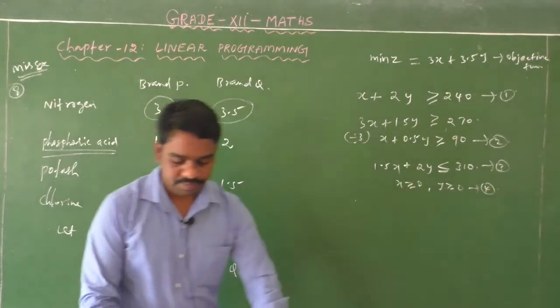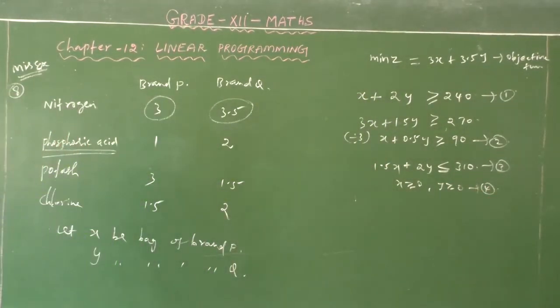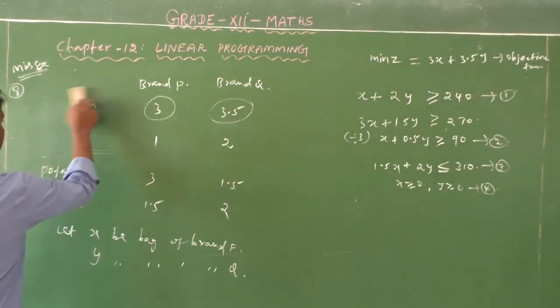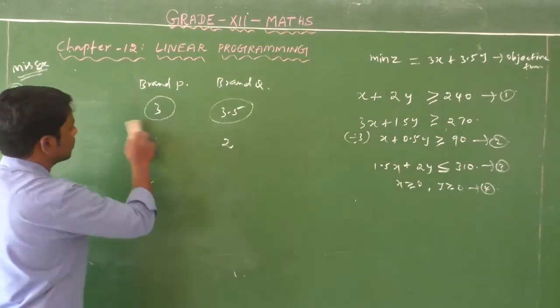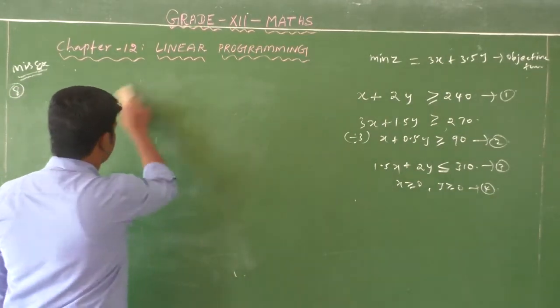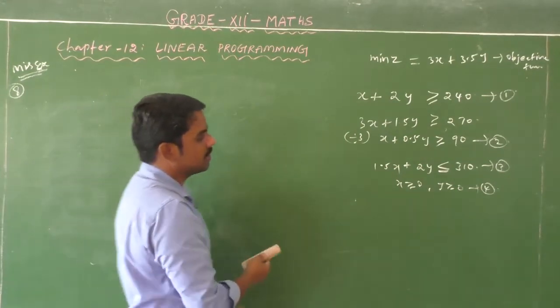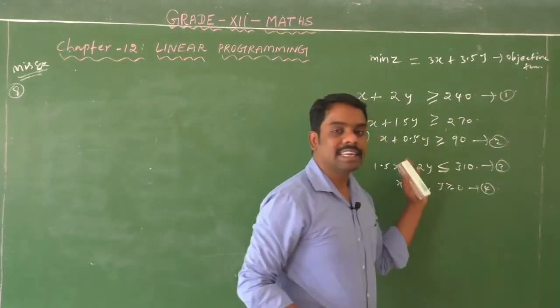So find the x intercepts and y intercepts of the given constraints. Listen students, the constraints determine lines.